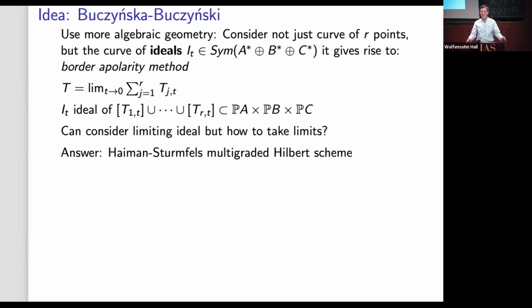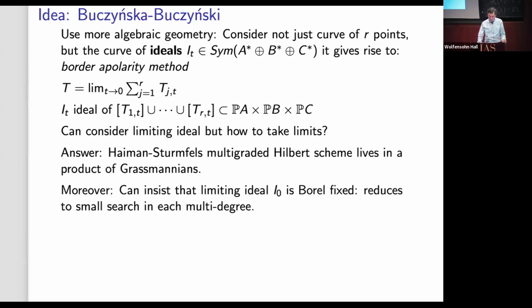So now, instead of one problem, we have two problems. We have the problem of smoothability, but we even have the problem of being a limit of saturated ideals. But we still have the Borel fixed point theorem. So, okay, we have more problems, but we have more things to work with. So let's get to work.